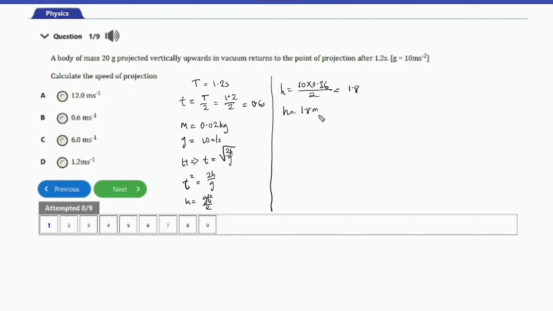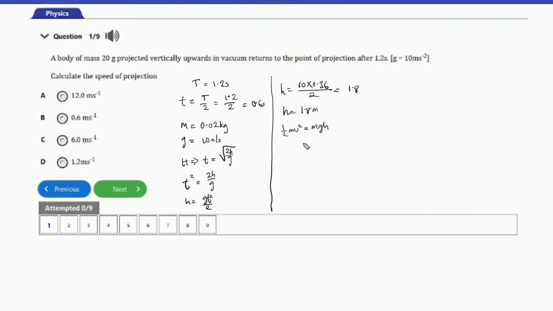In order for us now to know the velocity, we know that the body moved and had a potential energy that was converted to a kinetic energy. So here the potential energy is equal to the kinetic energy. Kinetic energy, half mv squared, is equal to the potential energy, mgh.